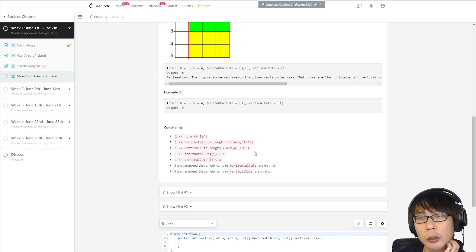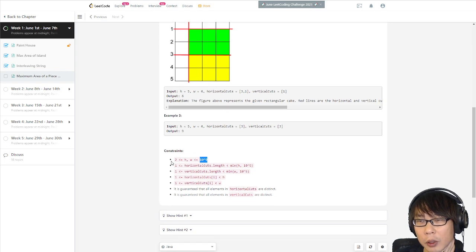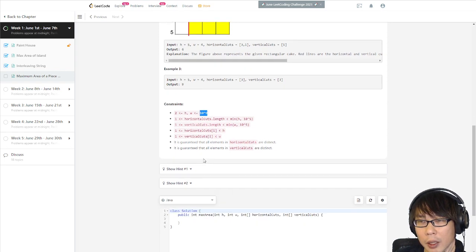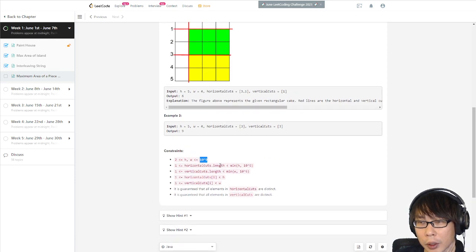So let's check the constraints. That's why the number could be large, right? Because the constraint for h and w is from 2 to 10 to the 9. And then the length of horizontal cut may be up to 10 to the 5.